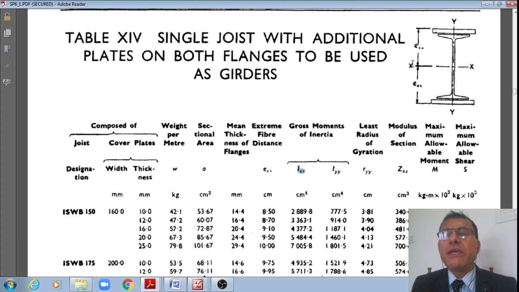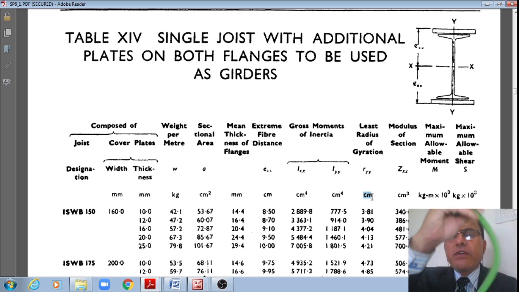of inertia about the major axis of bending XX is 2889.8 centimeter to the power 4, and about the minor axis of bending, or vertical axis of bending, is equal to 777.5, and the least radius of gyration about this weak axis is equal to 3.81 centimeter or 38.1, right?